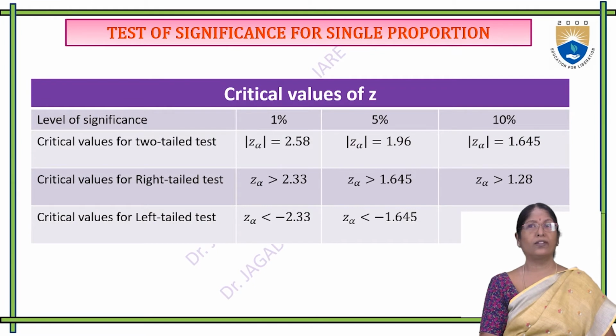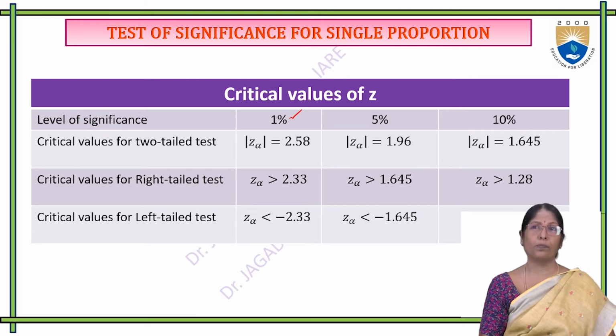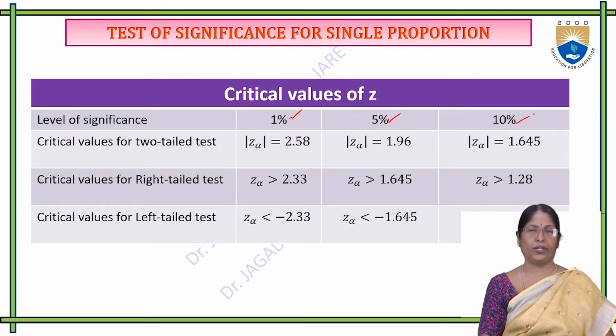Now the critical values of Z. What is the usage of these critical values of Z? We have to take a decision whether the statement defined for the population is accepted or rejected. Here the levels of significance are 1%, 5% and 10%.